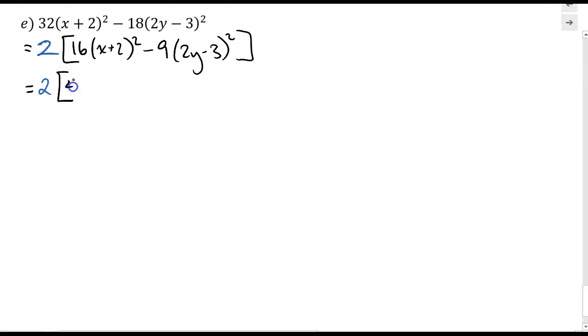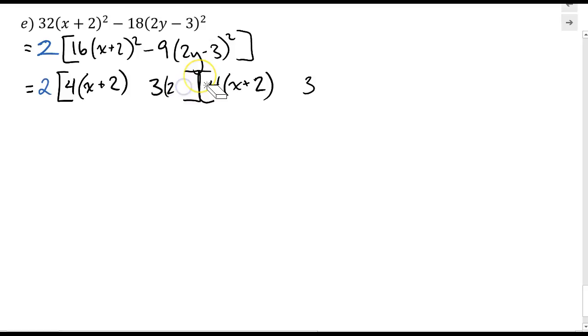Square root of 16 is 4. Square root of a binomial squared is the binomial itself. It's the same in both brackets because I have a positive term out in front, so positive times positive. Square root of 9 is 3, so I'm going to put that in both. Square root of a binomial is the binomial itself.